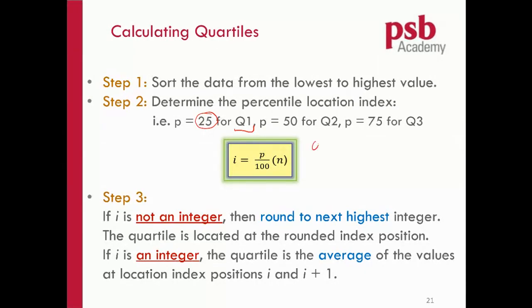So for Q1, I will be 25 over 100. And for Q2, which is the median that you calculated just now, it is actually based on this formula. It will be the 50th percentile, half.